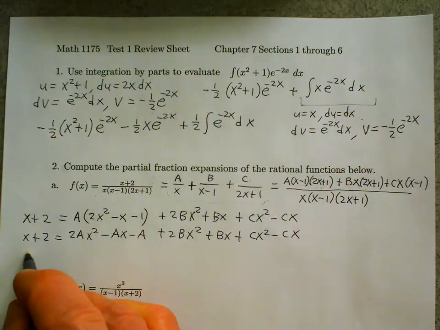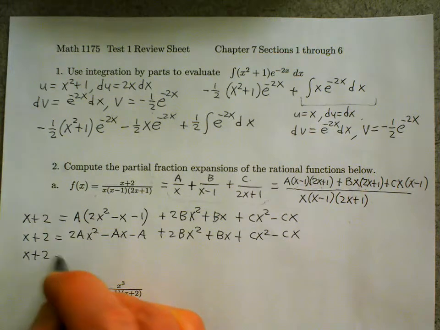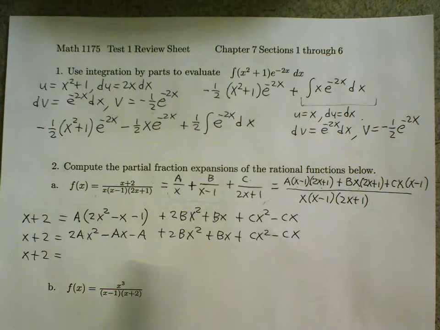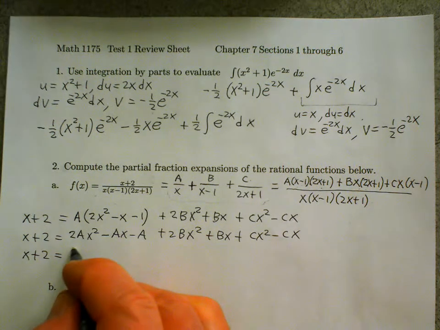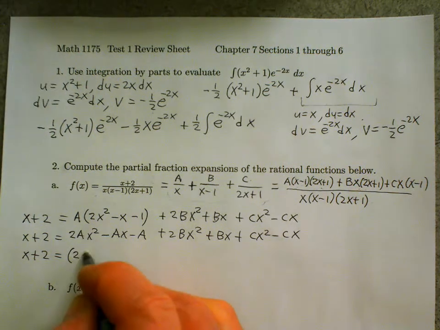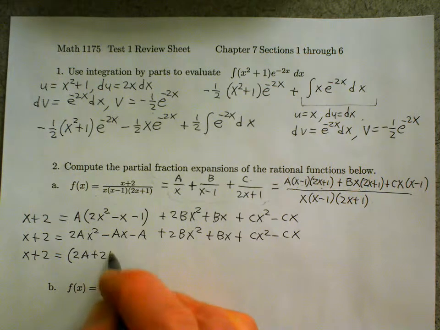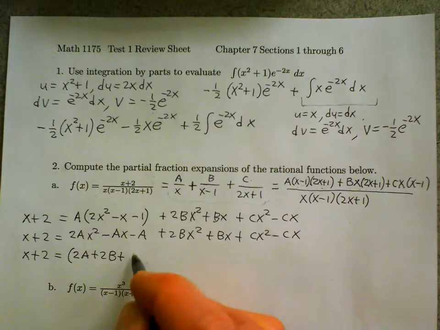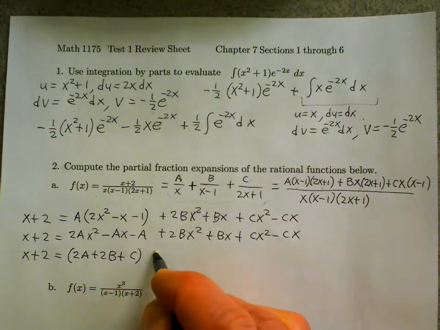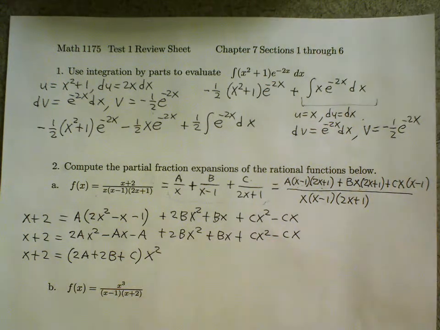And now we'll collect like terms. There are 3 terms that have x to the second, and the coefficient is 2a plus 2b plus c, that quantity times x squared.